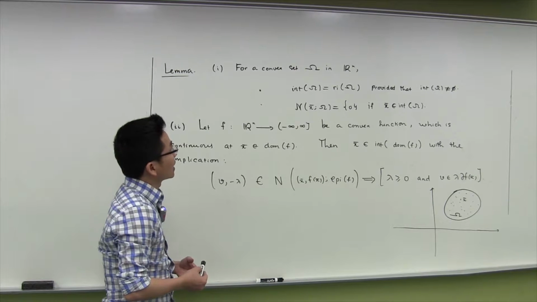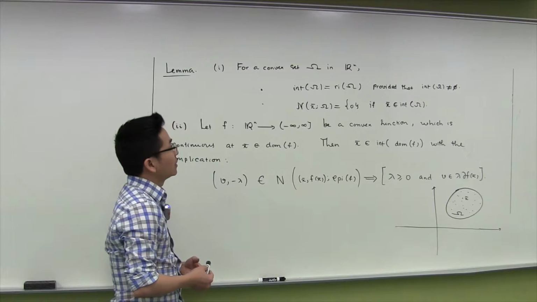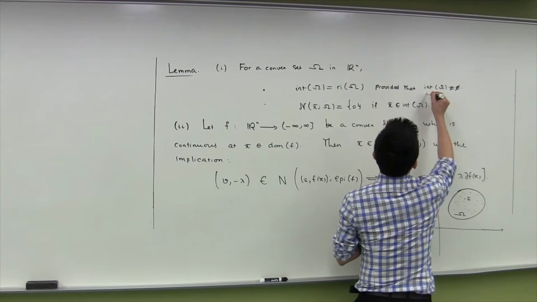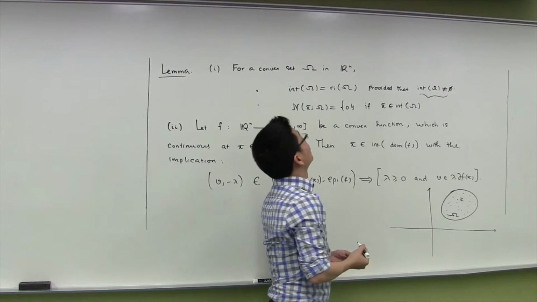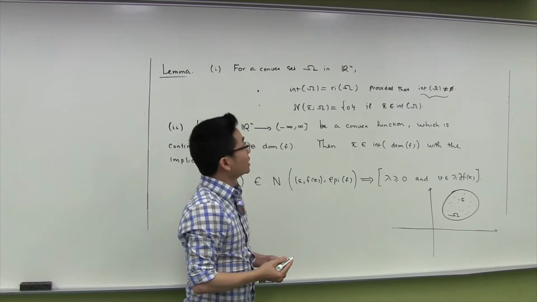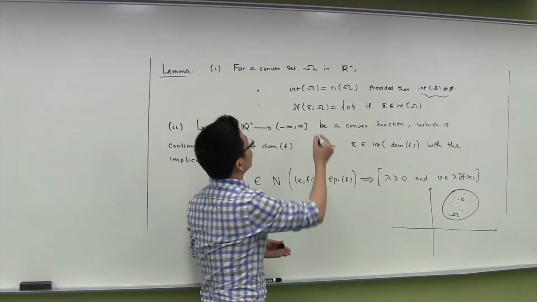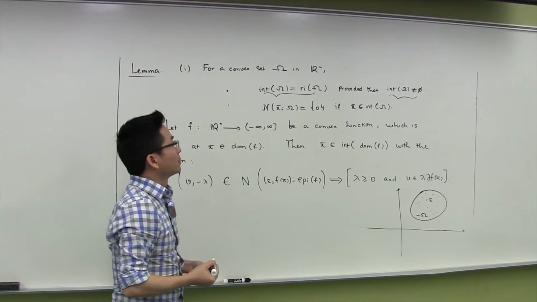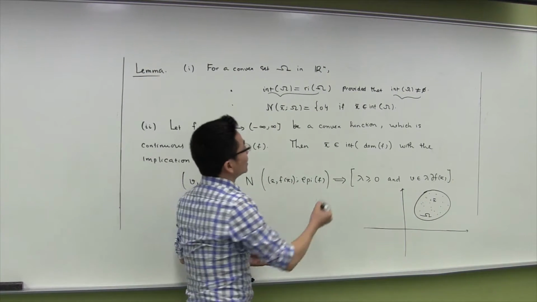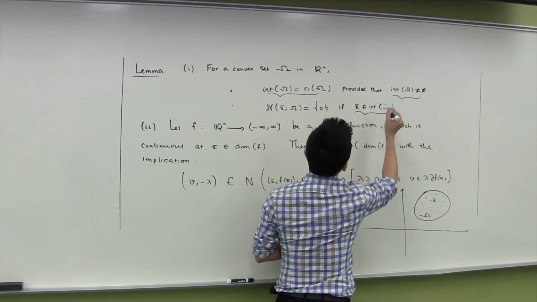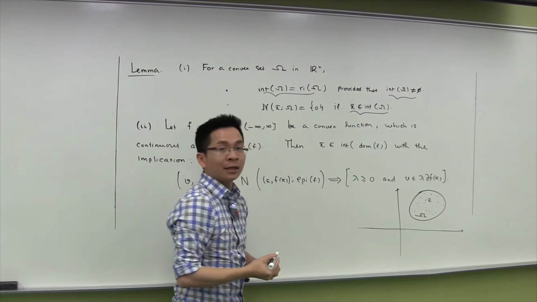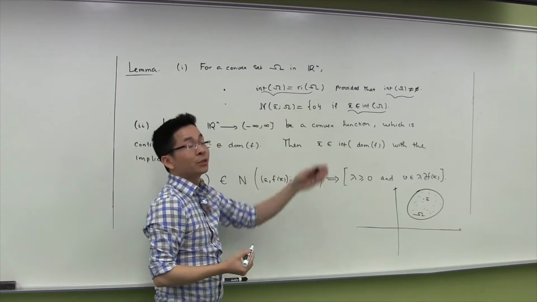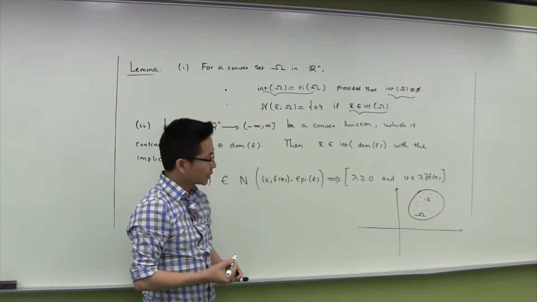For a convex set omega in R^n, if the interior of omega is non-empty, then the relative interior of omega is equal to the interior of omega. And if x bar is a point in the interior of the set omega, then the normal cone to omega at x bar reduces to 0.